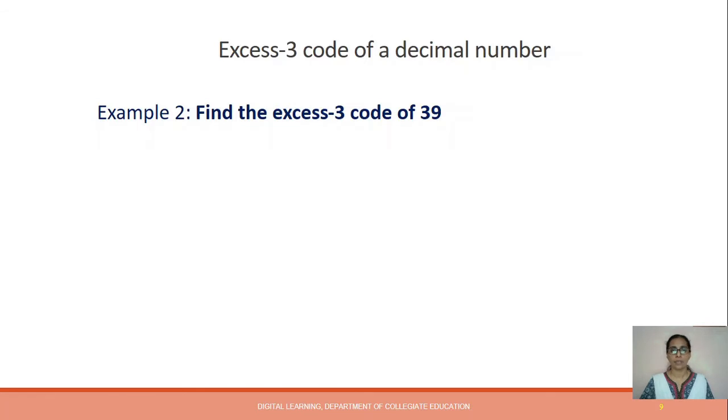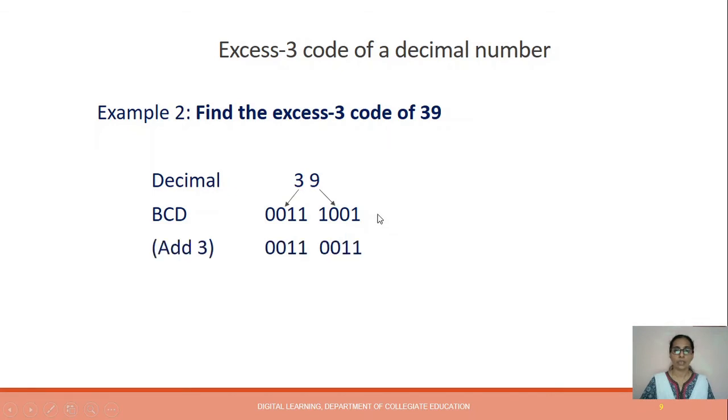Another example, find the XS3 code of 39. Your number is 39. Find the BCD code, which is 3 is 0011, 9 is 1001. Add 0011 to each 4-bit group. So after adding, we get 1 plus 1 is 0 with the carry 1.